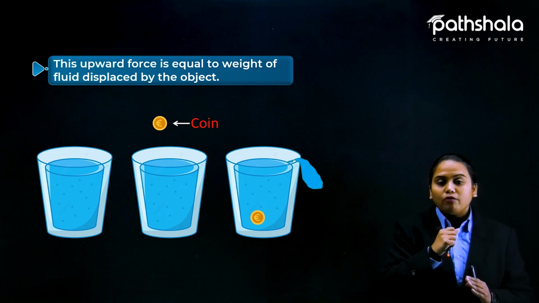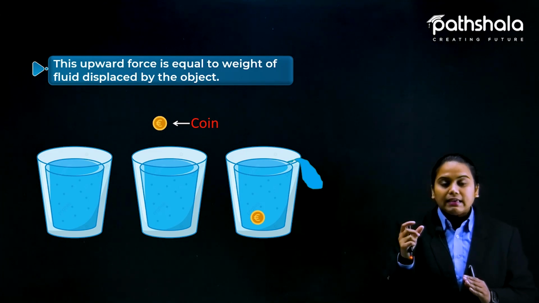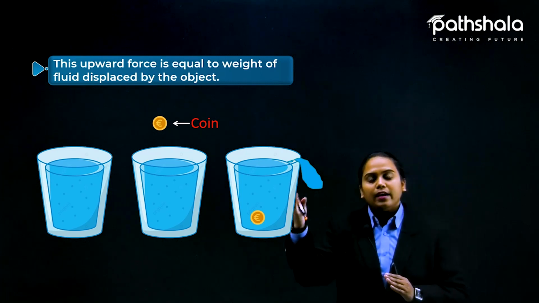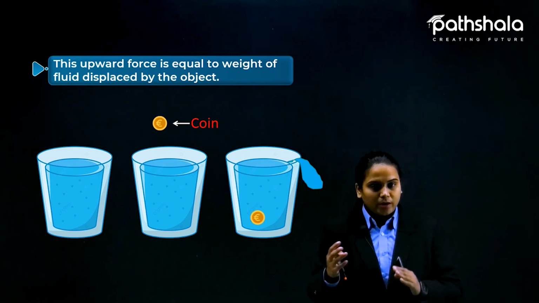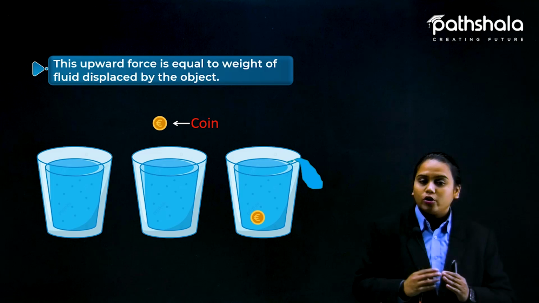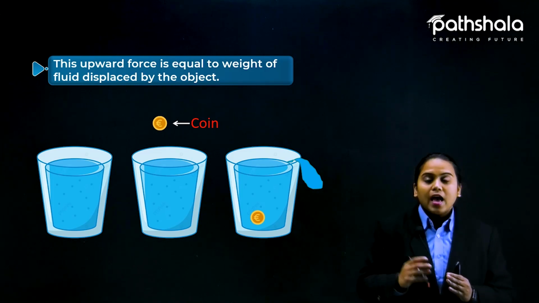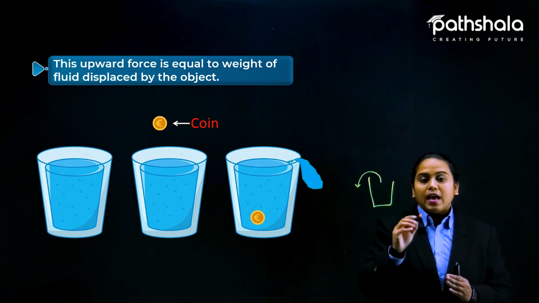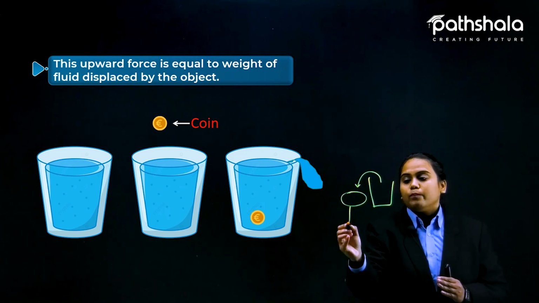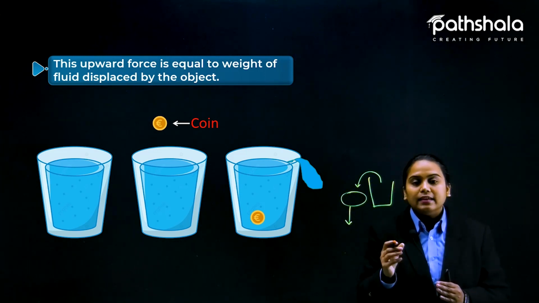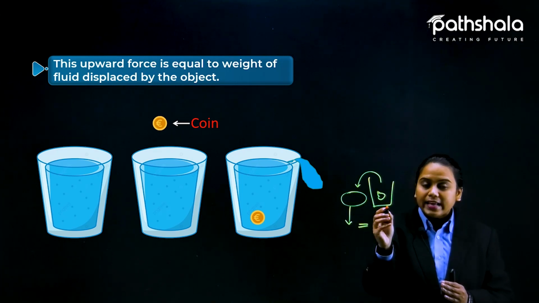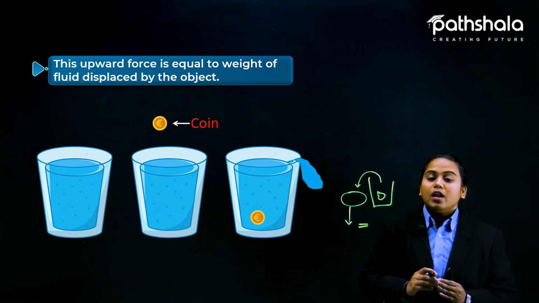That would be easier for you, and you will easily see that this stone is displacing certain liquid from its position because it is itself occupying certain space, and that liquid gets displaced out of it, and the amount of water that is collected here is equal to the weight of the stone that is inserted into the liquid.